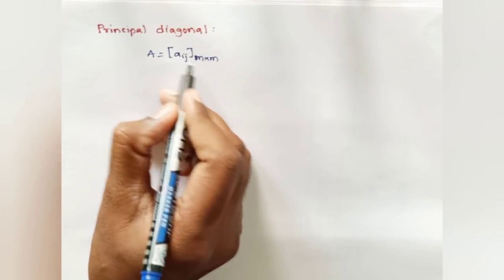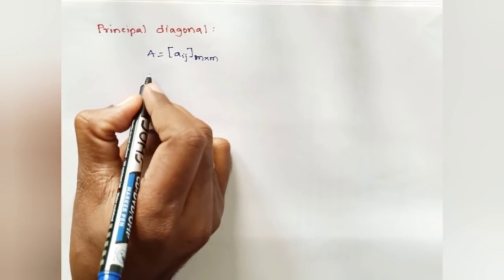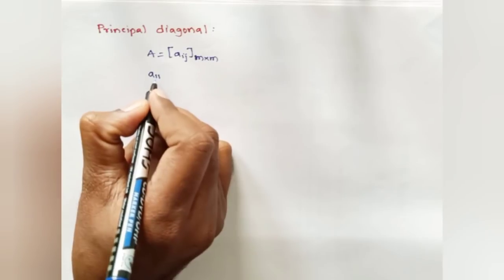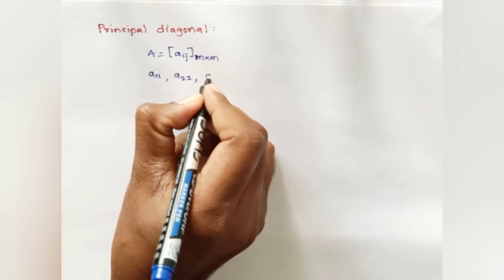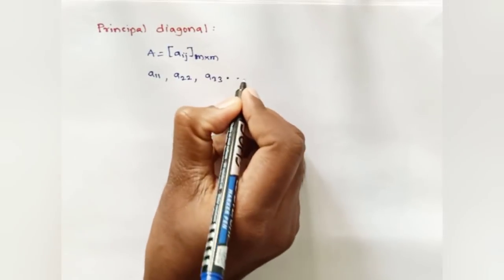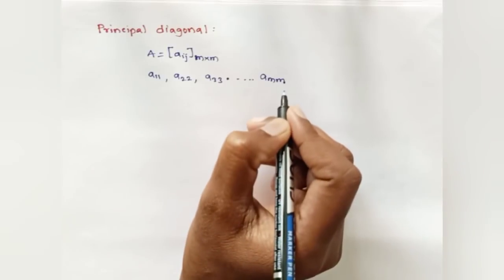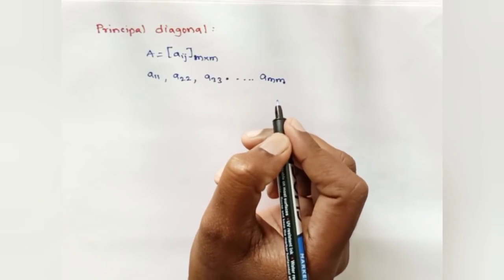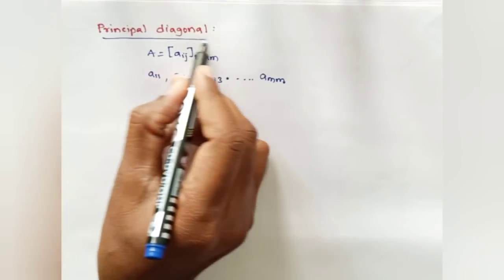This matrix contains m square elements, in which the elements a11, a22, a33 and so on up to amm are said to constitute its principal diagonal, or simply a diagonal for the square matrix.